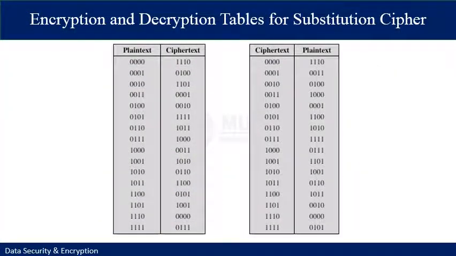This table represents two examples of reversible encryption and decryption substitution ciphers. The mappings are defined by the entries in the second column. These specify the plain text, such as the input, and the next columns specify the outputs, or the ciphertext.